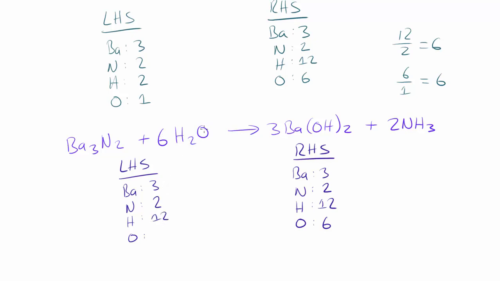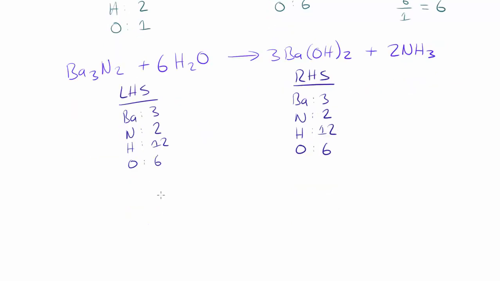And 6 times 1, which is, of course, 6. If we now compare the two, the result of our auditing, you can see that we've got 3, 3, 2, 2, 12, 12, 6, 6.